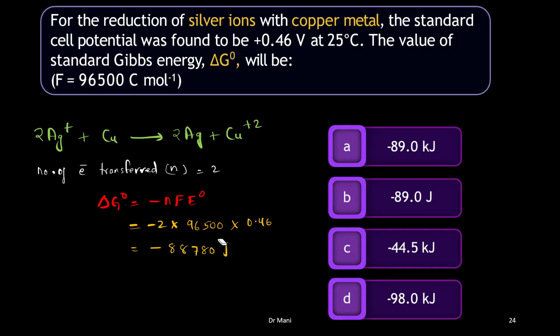Remember this. But the answers are also given in kilojoules. So I know 1 kilo means 1000. So I could keep it like minus 88.780 kilojoules. So that would be around minus 89 kilojoules. So what's the answer? It's A. So clear? Any doubts?